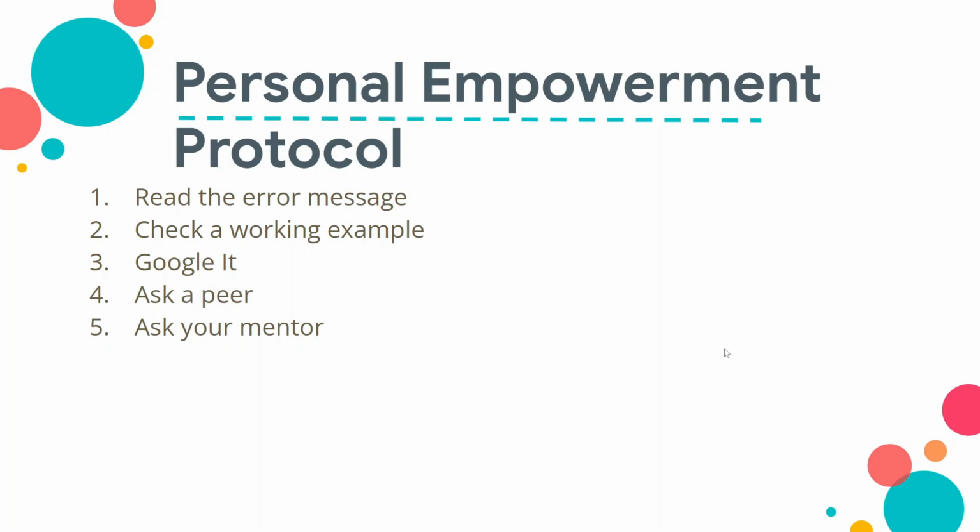So this is our personal empowerment thing that we're going to tell you. Whenever you write code, read the error message. Try to see if you can understand it. You can take the error message and post it on the Google search, and it will tell you exactly what is going on, or somebody's had a solution that has solved it.